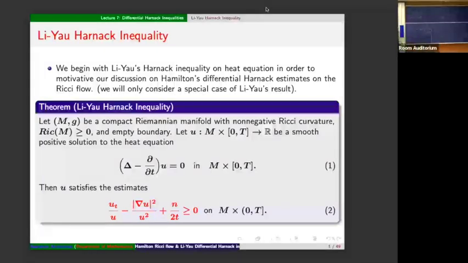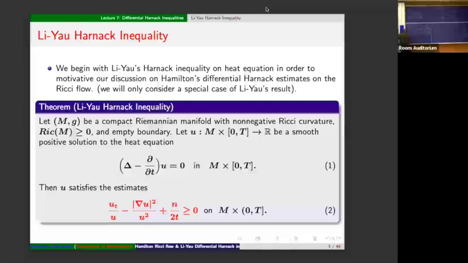And what we wanted to prove from Li-Yau, the quantity on the board, is u_t over u minus gradient of u squared over u squared plus n over 2t is greater or equal to 0. This is Li-Yau.